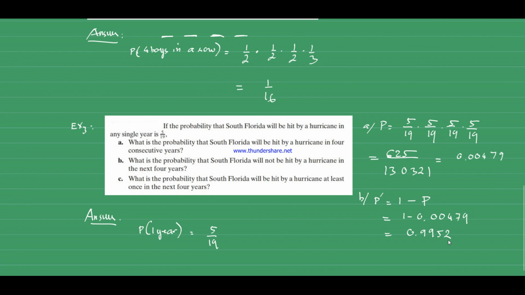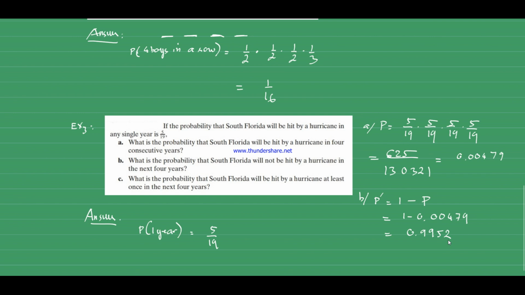Oh, let me see. I think something is wrong. What is the probability it's not hit by a hurricane in the next 4 years?